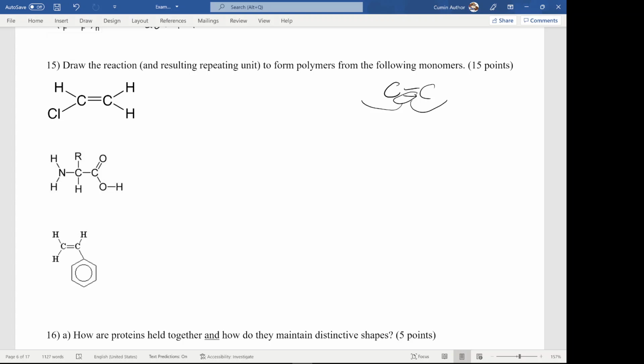If we don't have an addition reaction, we might have an amide or an ester reaction. And in that case, we need an amide group and a carboxylic acid group. And for the ester reaction, we need an alcohol group and a carboxylic acid group.